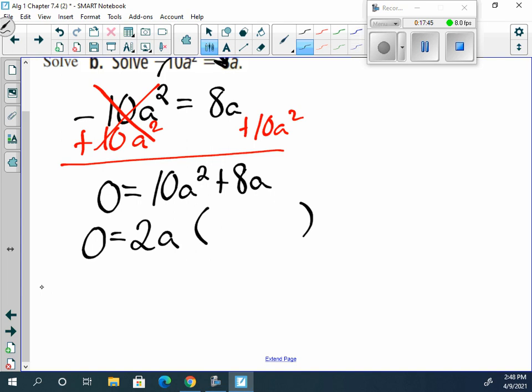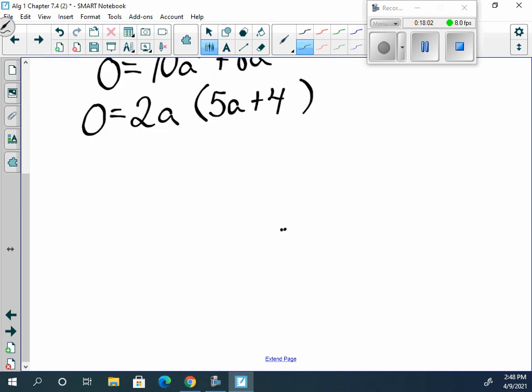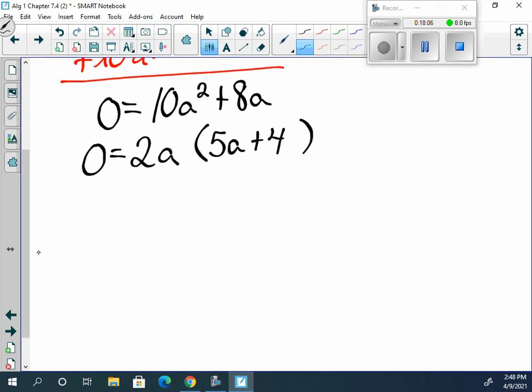So let's go on and divide. Well, 10 divided by 2 is 5. A squared divided by a would be a. Plus 4. And it would just be 4 because a divided by a is 1, so that simplifies out completely.